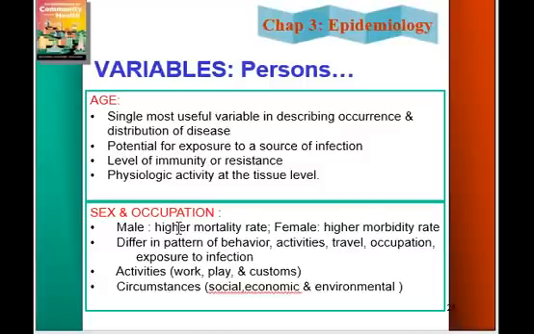No? So, for males, mataas daw po yung kanilang mortality rate. For females, mataas yung morbidity rate. Kaya po, isa ito sa mga common characteristics or variables na ginagamit ng epidemiologists to organize the data. Okay? And occupation. So, it is also a common characteristic used to organize the data.